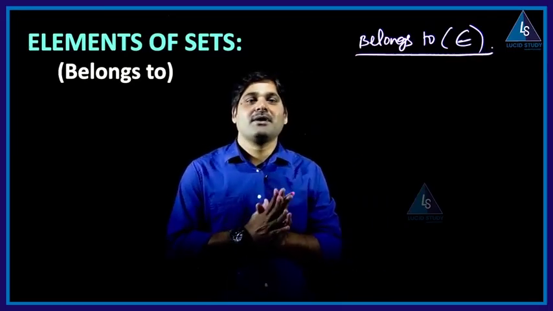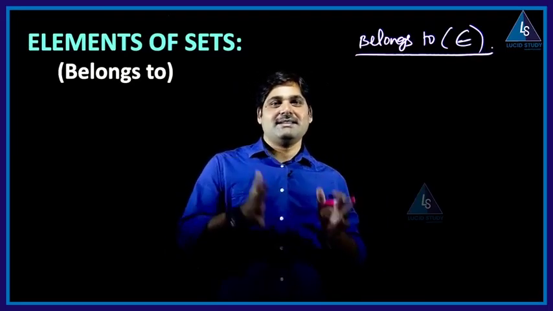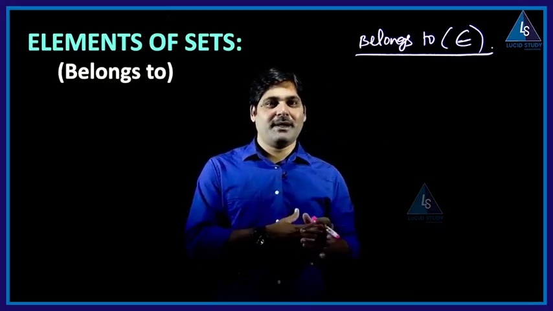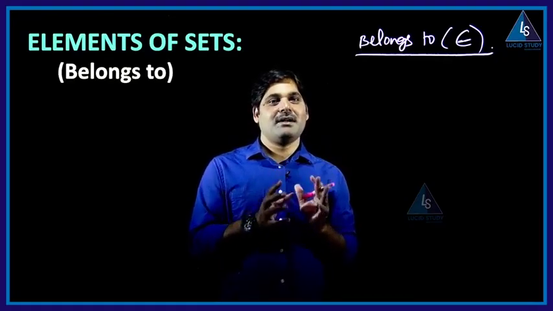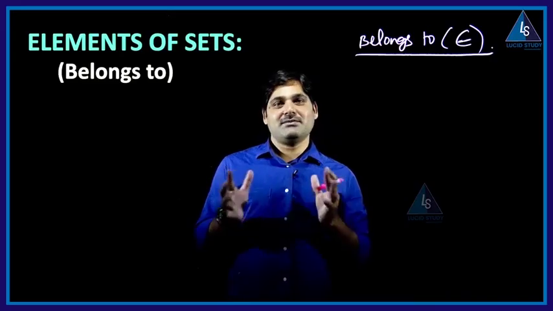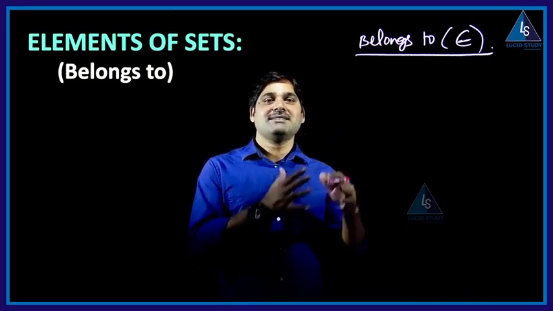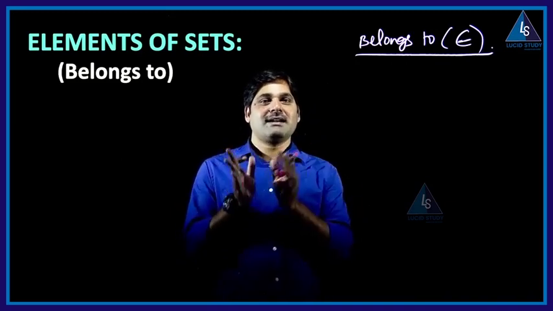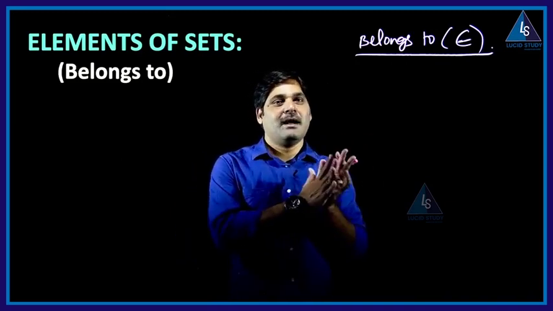And one more very important thing is, all the objects in a set are said to be elements of that set. Okay, objects we will not say from here onwards. We will use the terminology elements of the set. Elements are nothing but objects inside the set. Let us discuss how to represent that a certain element belongs to a certain set.